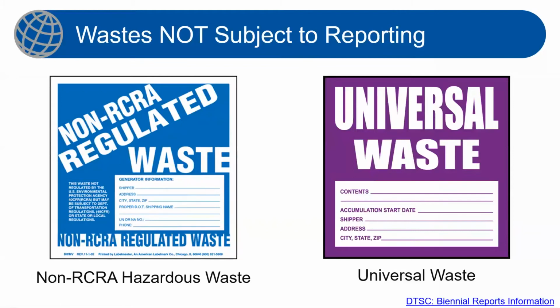And when we report the waste that we generate as part of our biennial report, the only wastes that we are subject to reporting are those RCRA hazardous wastes, both the non-acute and acute. When we complete our biennial report, what is not included is any non-RCRA hazardous waste or any universal waste.